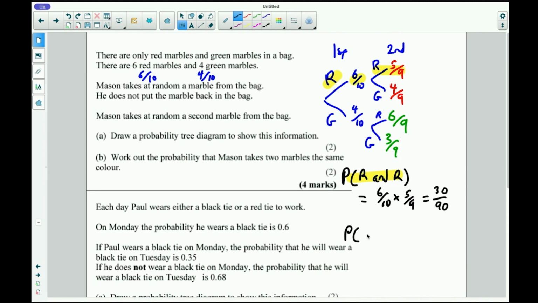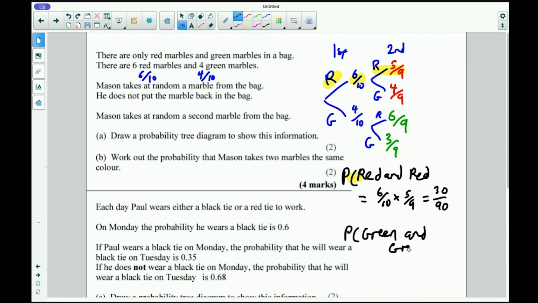Then we want the probability of green and green. Just for more effective practice here, we don't want to say R and R. We don't want rest and relaxation. We want red and red, and over here we want to say green and green, just so we don't get any marks taken off for ambiguity.